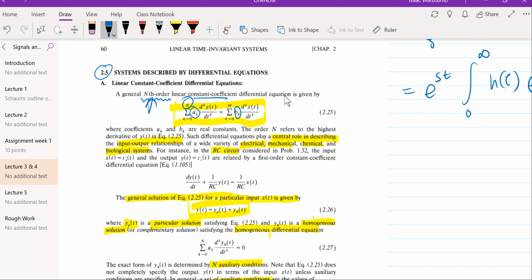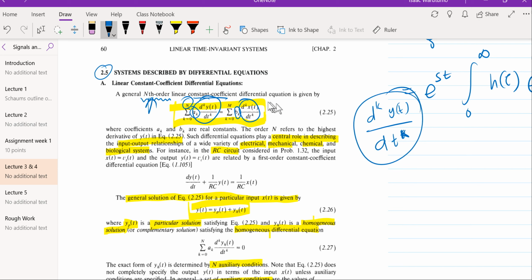The differential equation involves d^k y(t)/dt^k, where y is the output, with respect to time, with the differential operators d/dt to the power k, and this is the term that describes the differential equation.